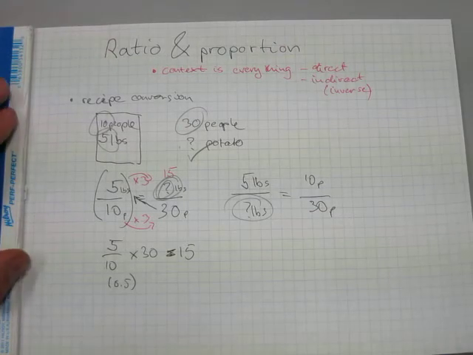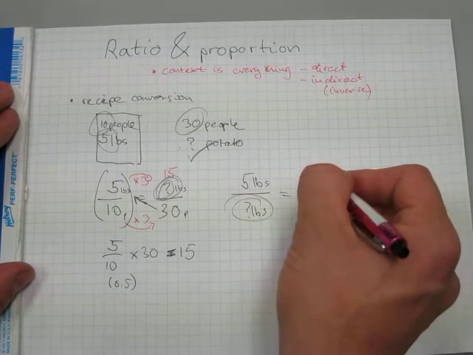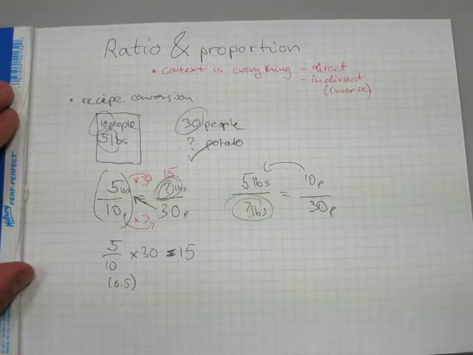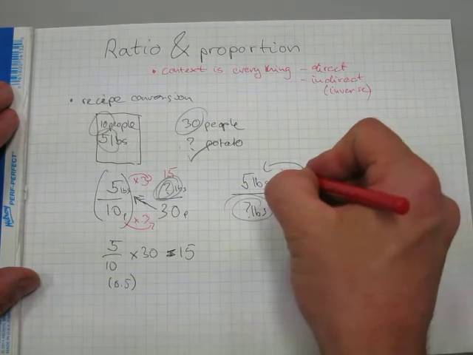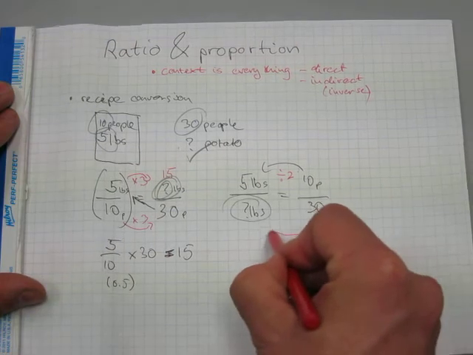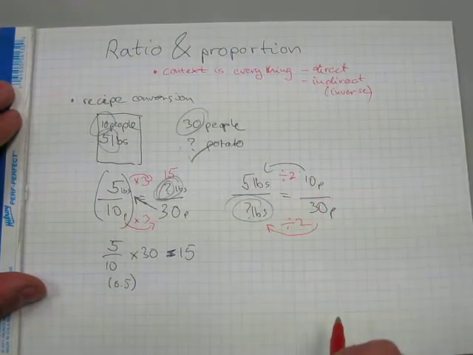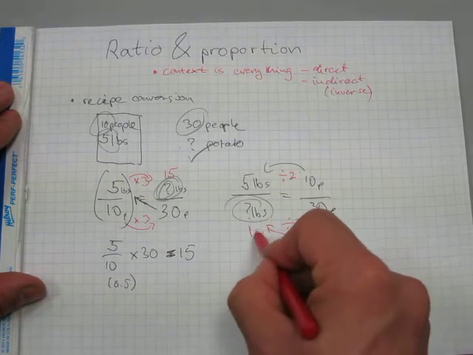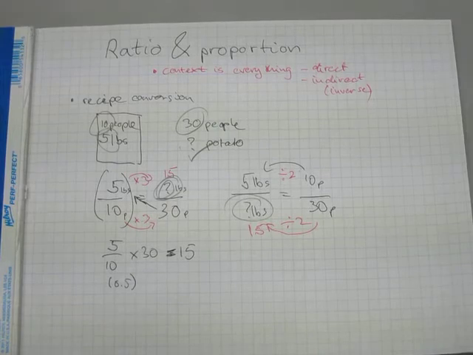And to solve this, you can also use equivalent fractions. The numerator amount from 10 to 5 got divided by 2. Therefore, the denominator amount must also be divided by 2. And thus we arrive at an amount of 15 for the 15 pounds amount.